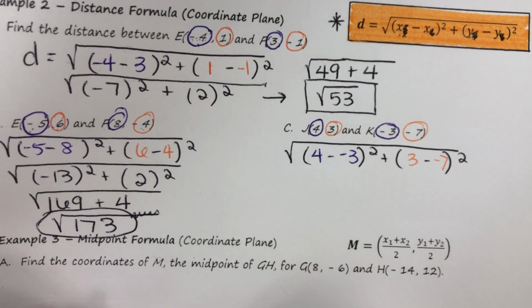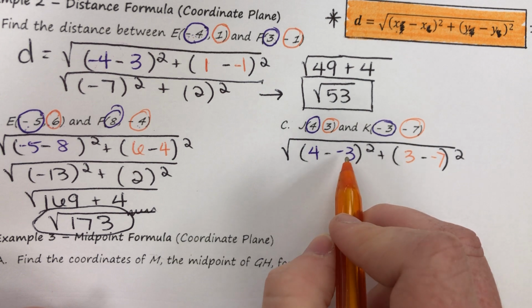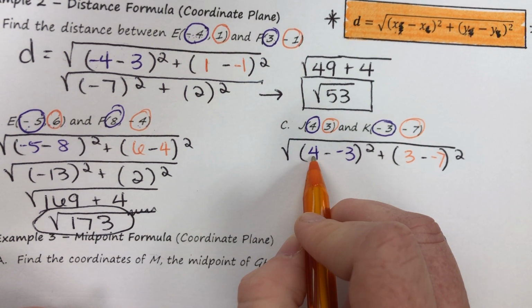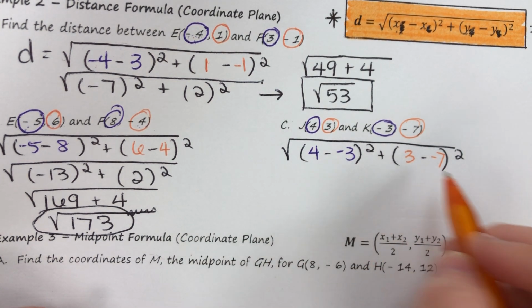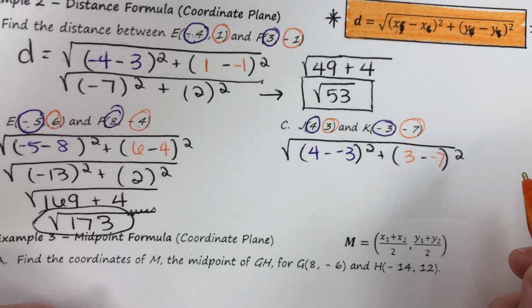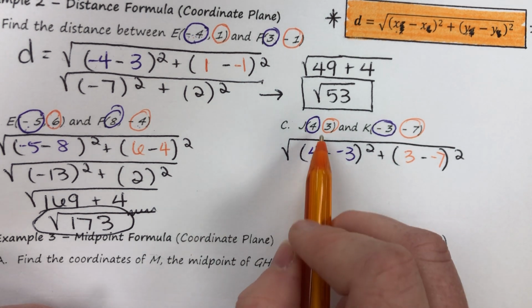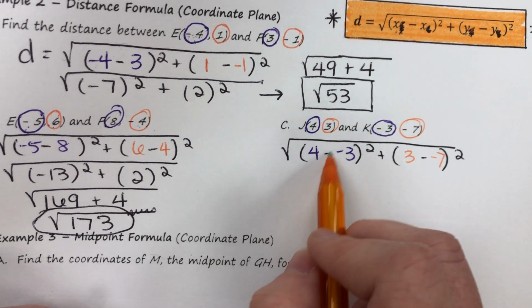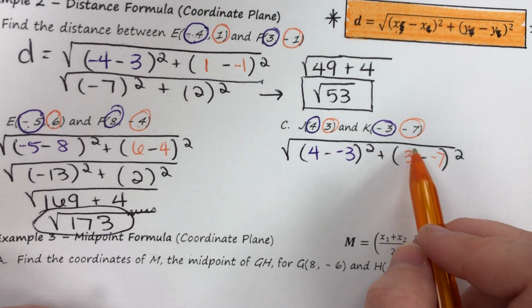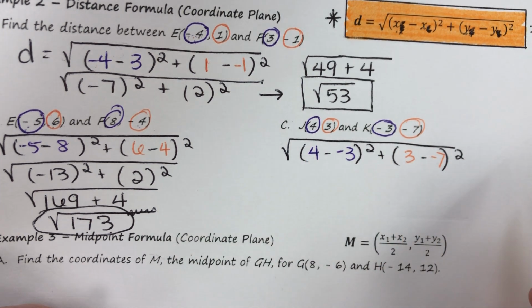And again, I know I sound like a broken record, but it doesn't matter. We could have said -3 minus 4 and -7 minus 3. We're going to get the same answer either way. Order doesn't matter as long as whatever order you do the x's in, you do the y's in the same order.